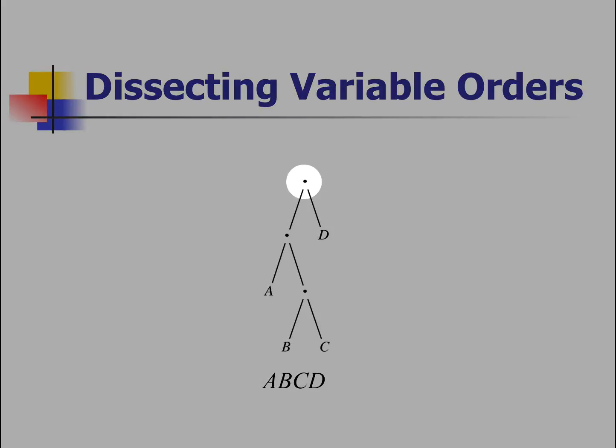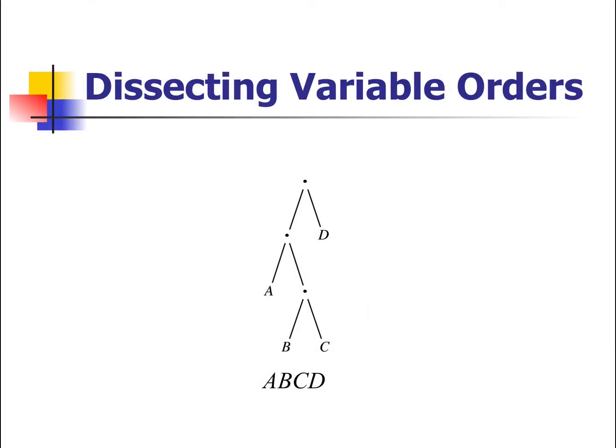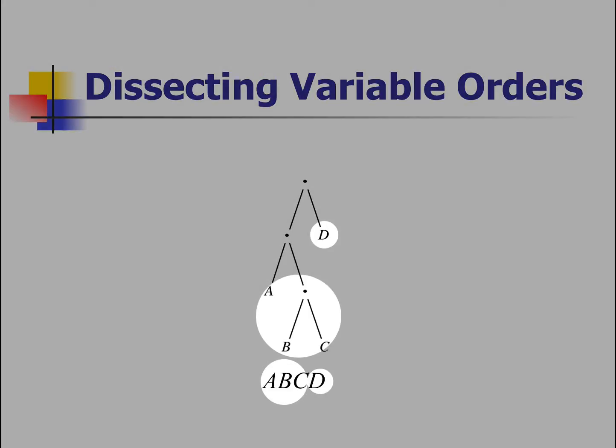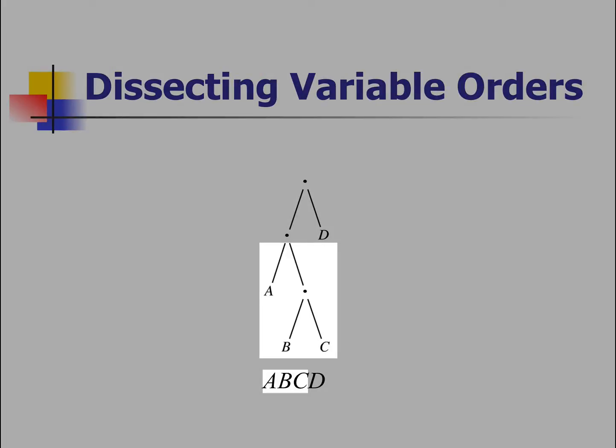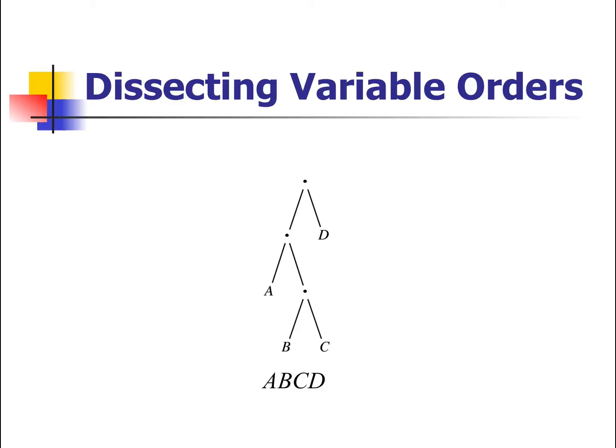The top node of this Vtree splits the variable order into 2 components: the left component, which is A, B, C, and the right component, which just contains the variable D. Then for the first component, ABC, we dissect it again, and we keep doing this until we hit individual variables. So we get this particular Vtree.